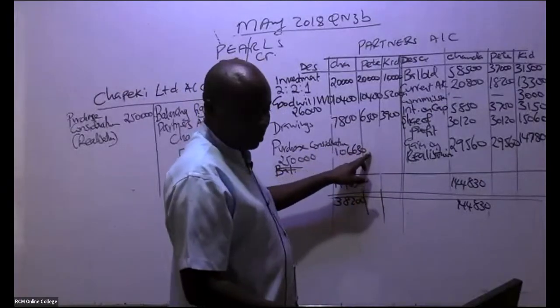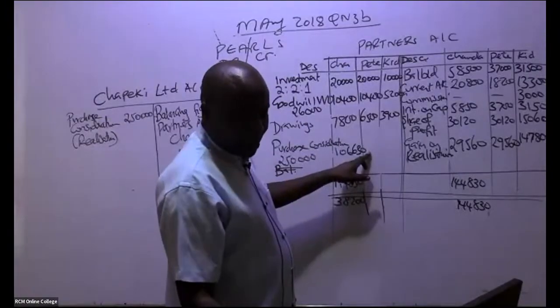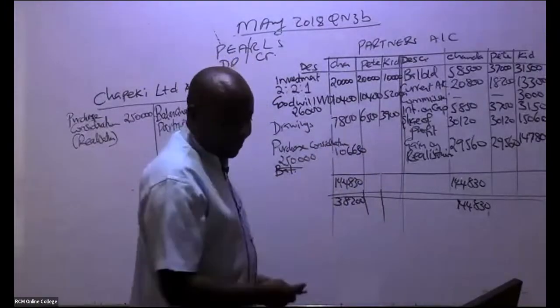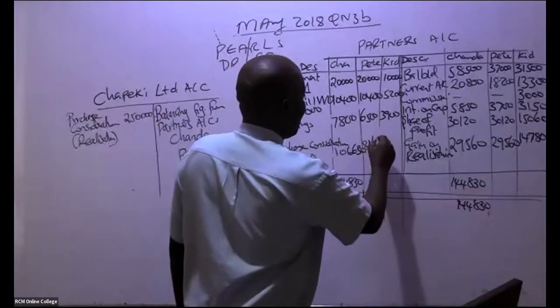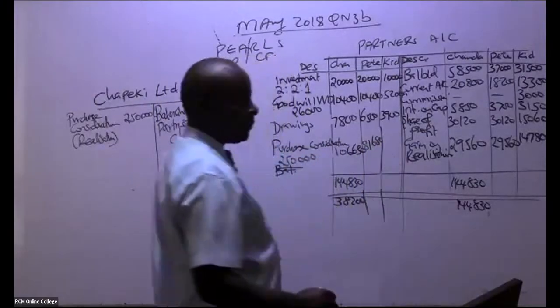Balancing figure for Peter. They're telling me it is 81,680, like that.